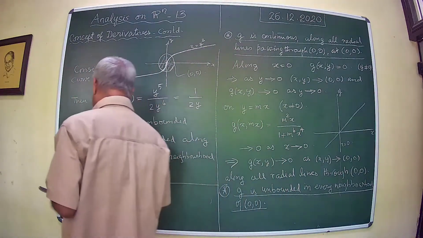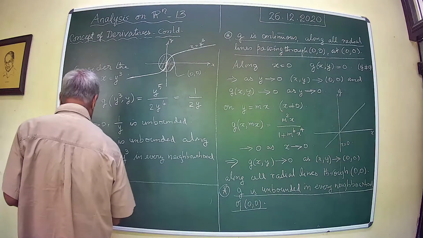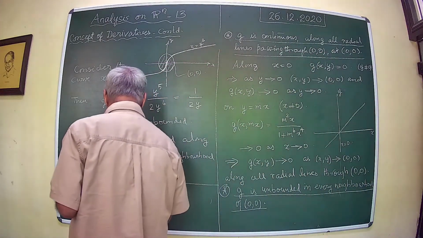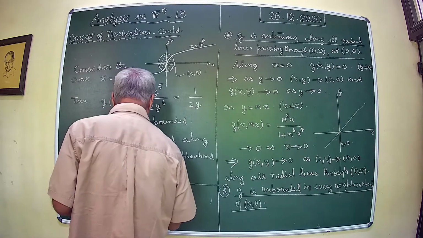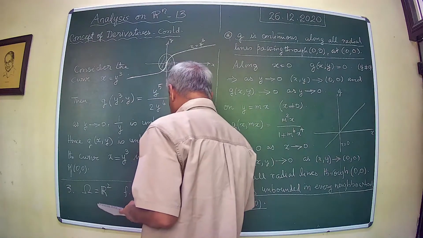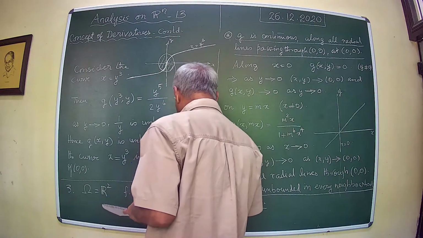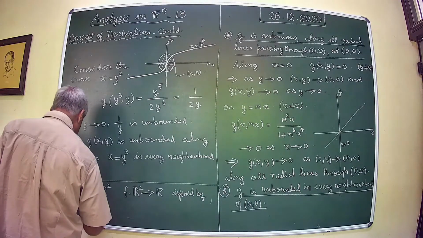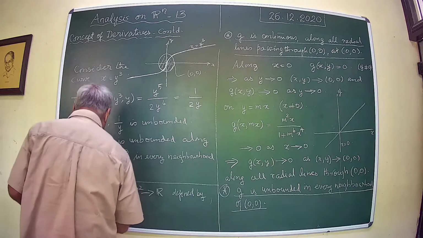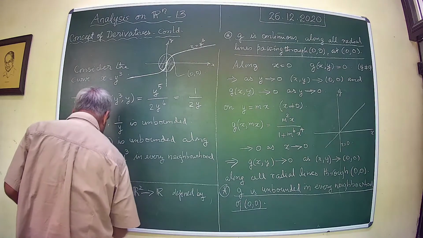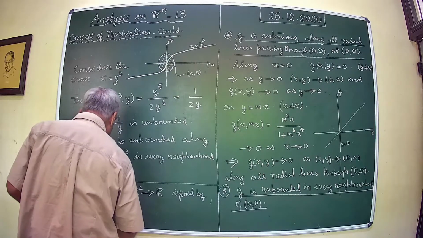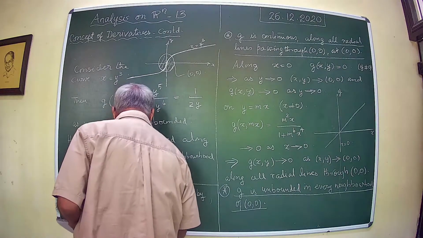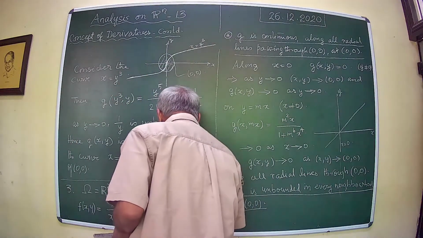Third example, we take omega to be equal to R, and f is defined from R2 to R by f of x, y equals xy divided by x square plus y square, and f of 0, 0 equals 0.